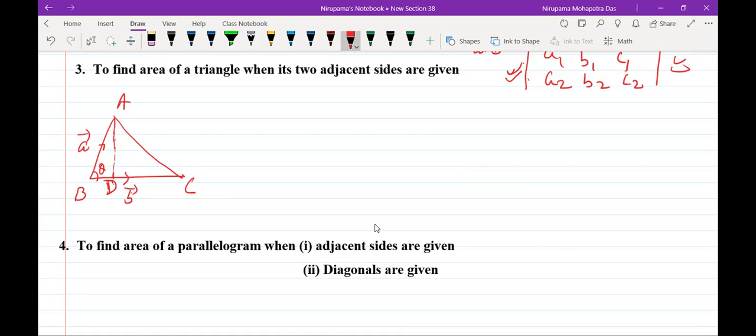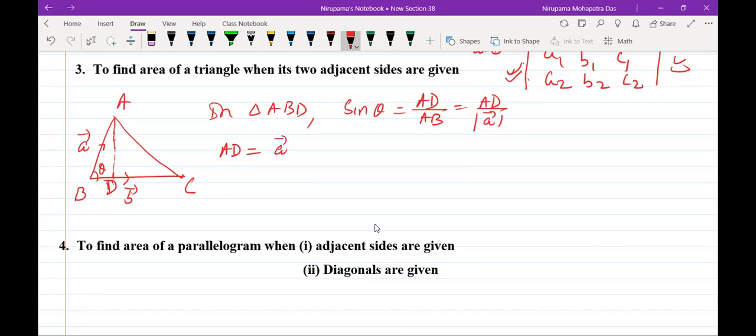Now, in triangle ABD, sine theta equals what? AD by AB, which means AD by magnitude of A. So AD, the altitude of the triangle, is magnitude of A into sine theta.